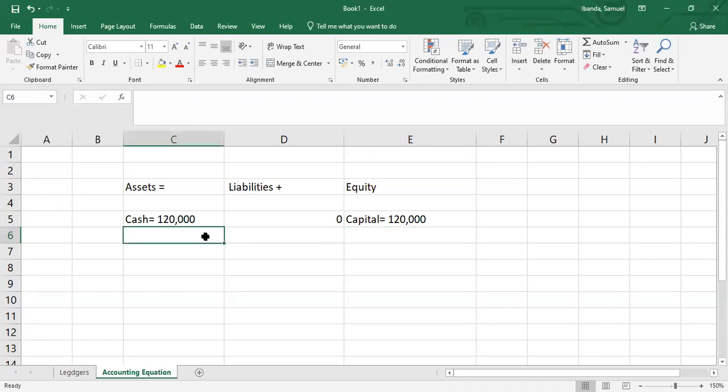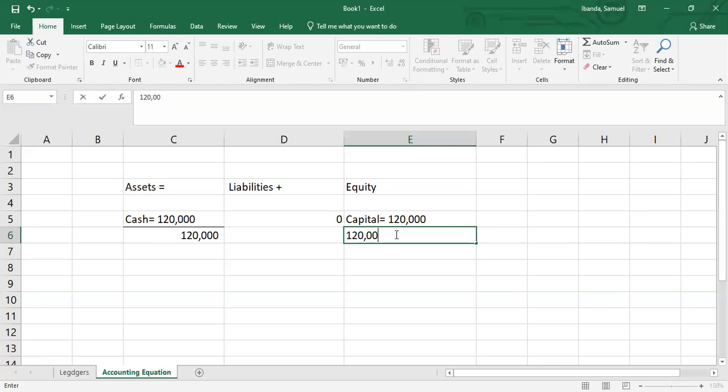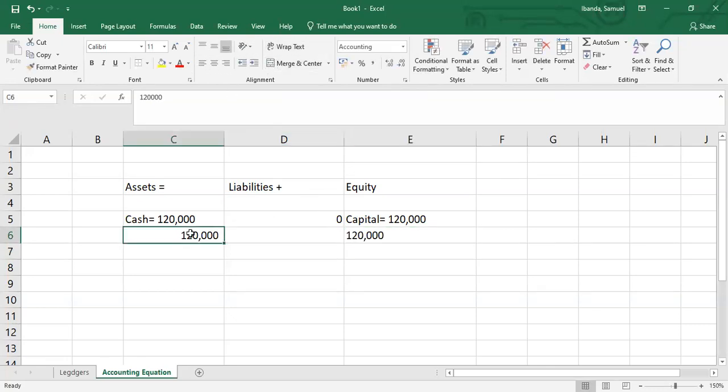You can even do your total just to demonstrate that: 120,000 and 120,000. Here there is nothing, and that is why we don't have anything there. So your accounting equation has been able to balance. It's important for you to understand that.